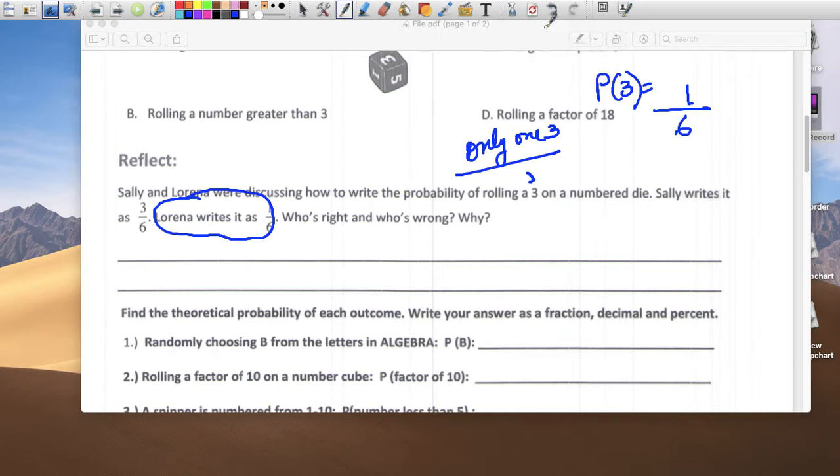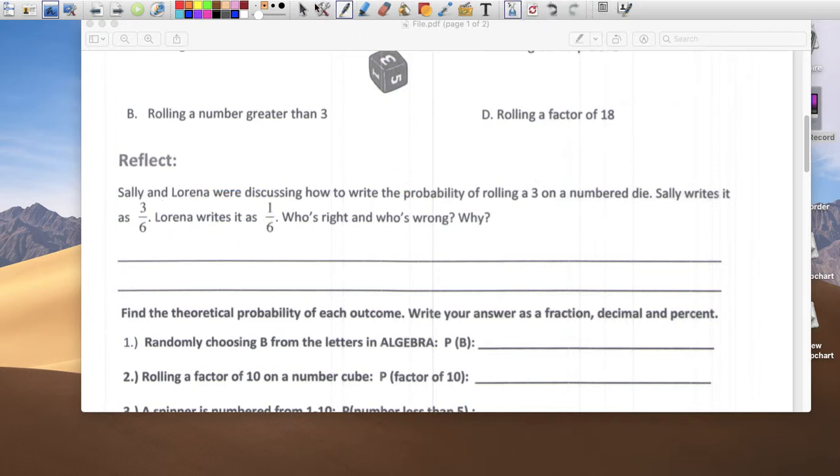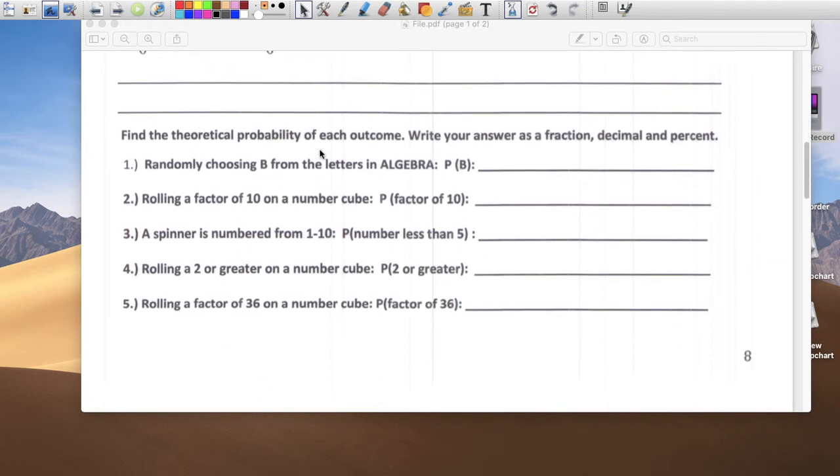Let's move down. Find the theoretical probability of each outcome. Write the answer as a fraction, decimal, or percent. Randomly choosing B from the letters in the word algebra. First let's count: 1, 2, 3, 4, 5, 6, 7. There are 7 letters.